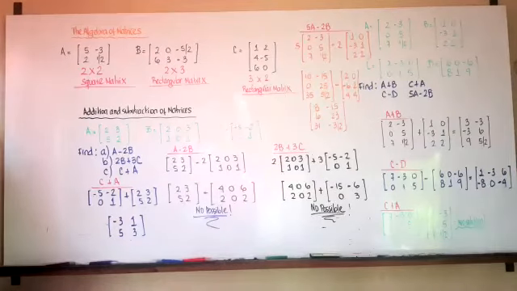Questions? Remember, the number multiplied by the matrix is called the scalar product. And after that, when you're multiplying the number by the matrix, you must add or subtract depending on the case.